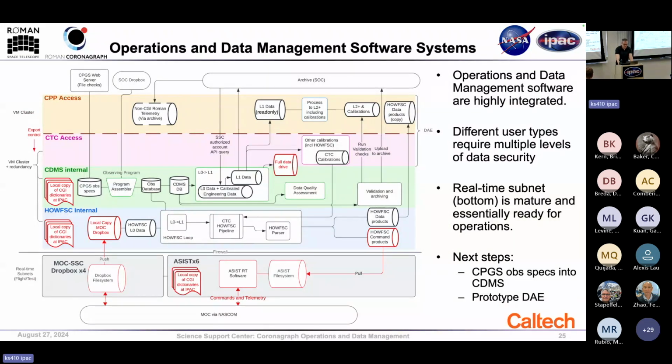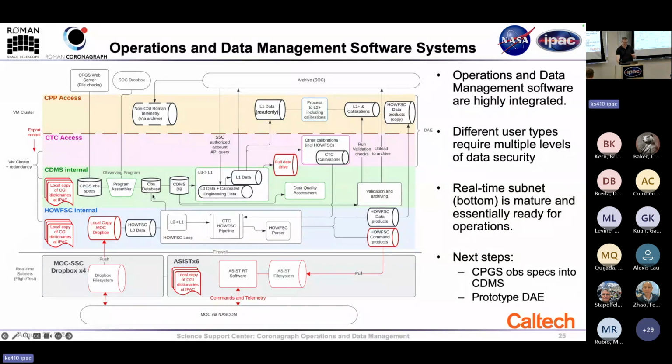So this diagram is a bit complicated, and I just wanted to make the point that the software we're building for operations and data management are very highly integrated. So from CPGS commanding, planning the observations, creating an output, going into our database.